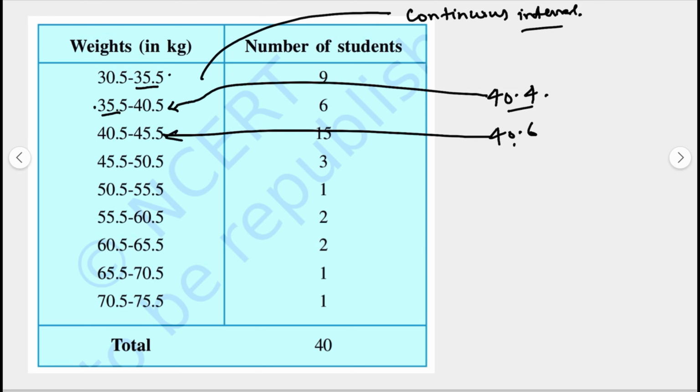Now the problem is, what if we have a number exactly 40.5? You can see we have 40.5 here also and here also, but we can't include one number in two intervals.